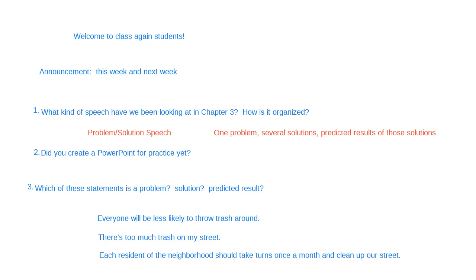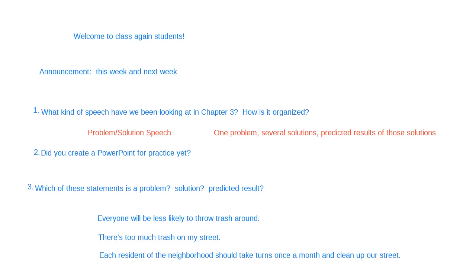So remember, we talked about the three parts of the speech that we need to give. So each one of these is an example sentence that represents these three parts. So can you tell me which one is the problem, or which one should go first? Yes. The problem is there's too much trash on my street.